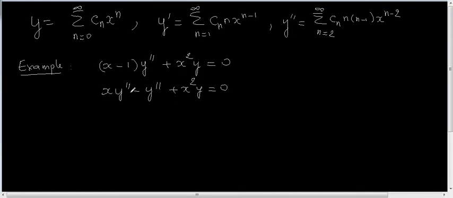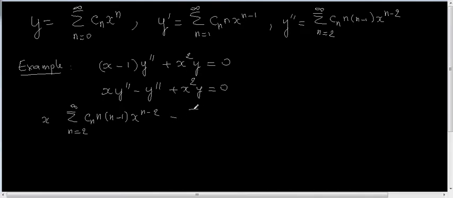The second step will be to replace y second here with the power series. So that means we'll have x times the sum of Cn n(n-1) x^(n-2) from 2 to infinity.